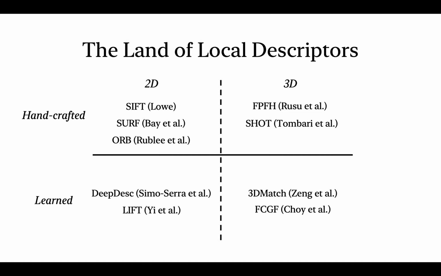In this context, our proposed Learned Cross-Domain Descriptor, called LCD, can be used in both 2D and 3D tasks, while also supporting cross-domain matching, providing a bridge between 2D and 3D descriptors. LCD is one of the first general descriptors for both 2D and 3D domains.